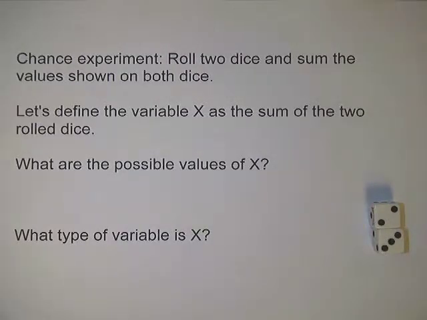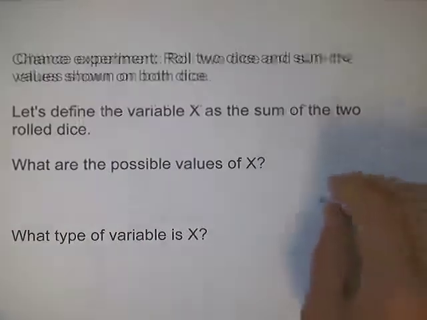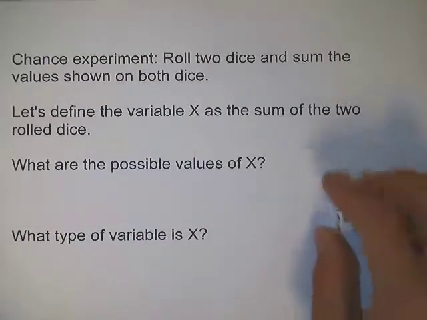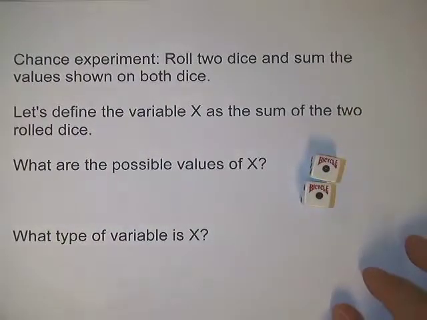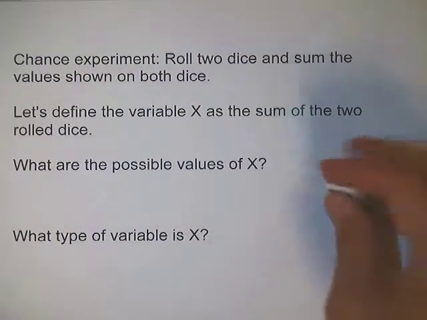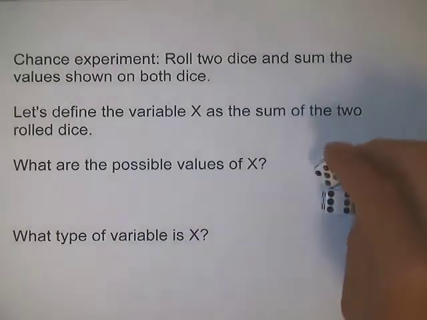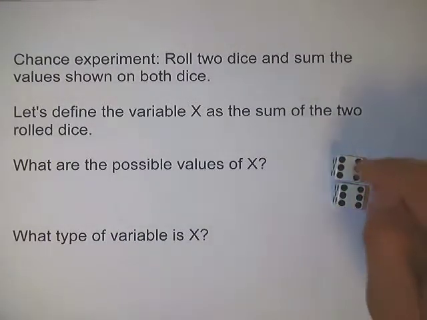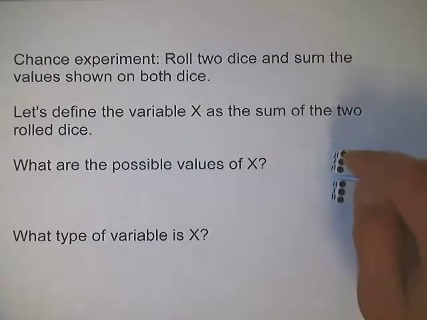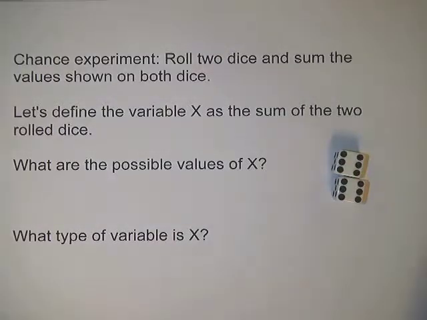Now what are the possible values of x? The smallest possible sum that you can have on 2 dice is 1 and 1, so that would have a sum of 2. The largest possible value is 6 and 6, so the largest possible sum would be 12.